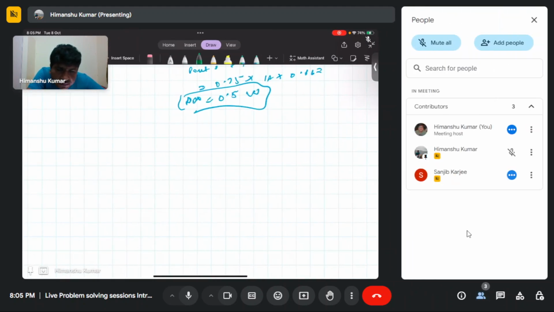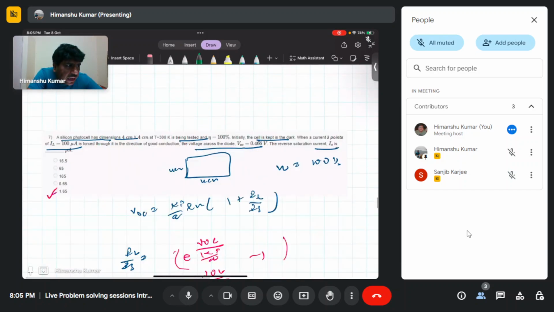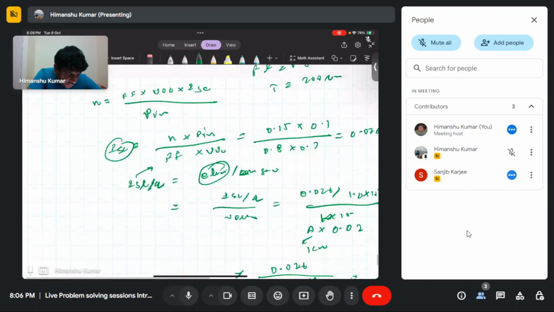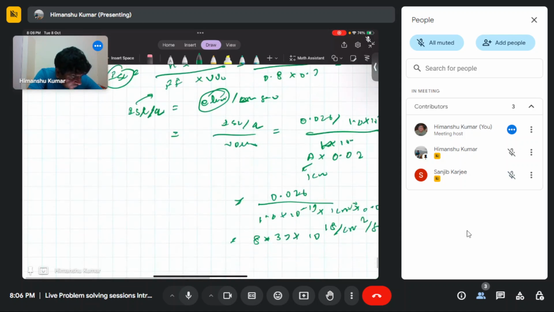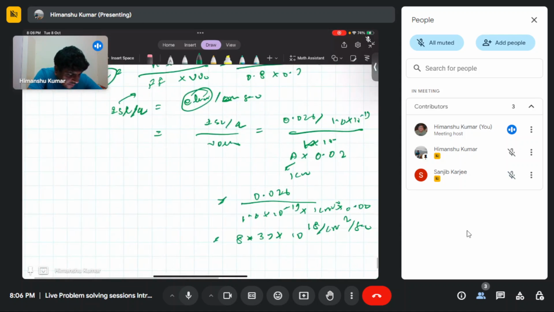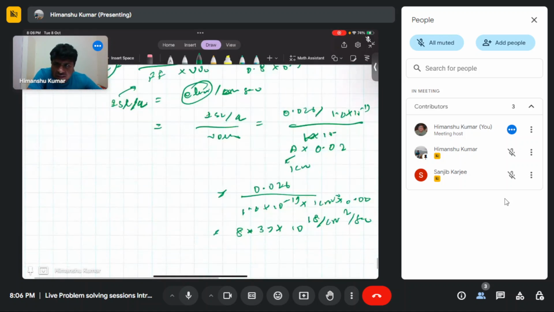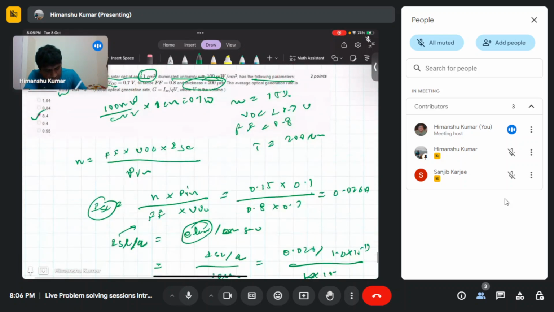What is the answer for the last problem? It will come 8.4 into 10 power 18 per centimeter cube per second. This was one of the GATE problems, so 10 power 18 was already given.